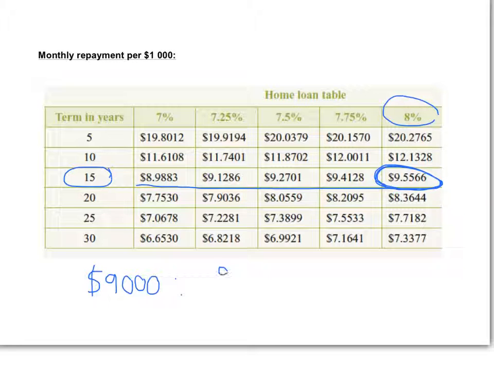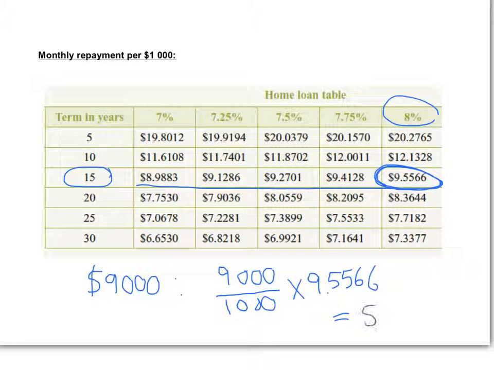So you take the $9,000, which is the total amount of the loan, divide it by 1,000 first, and then times it by the factor given in the table. And that will give a monthly repayment of $86.01 per month for every month for 15 years, which is a very easy calculation.